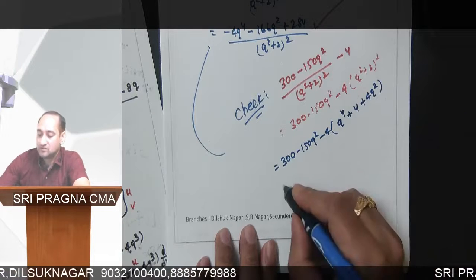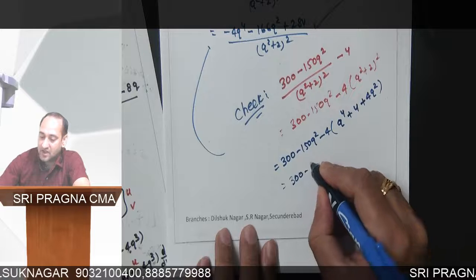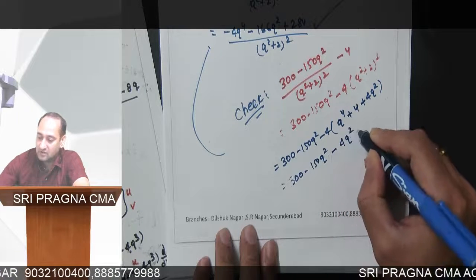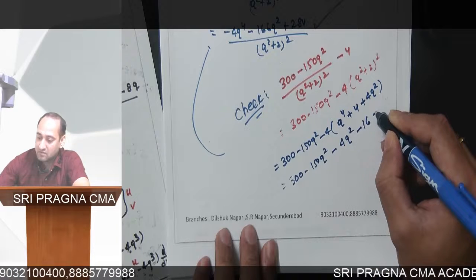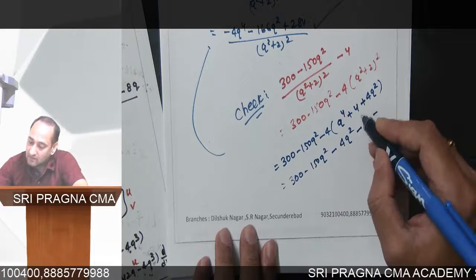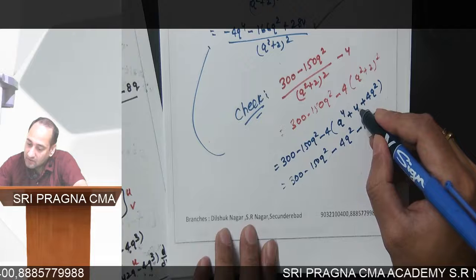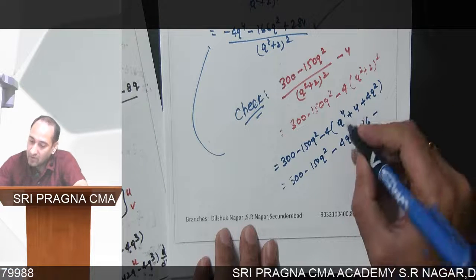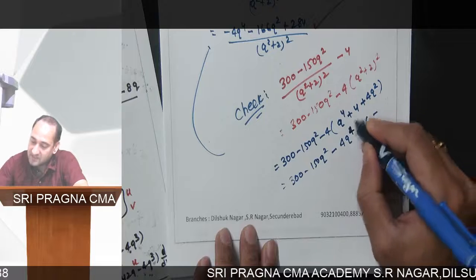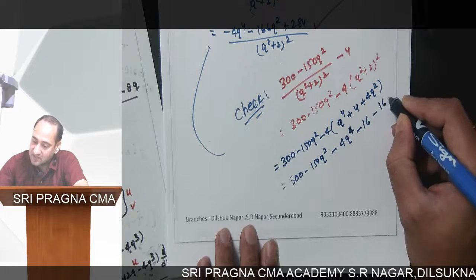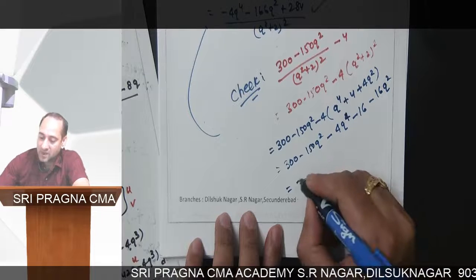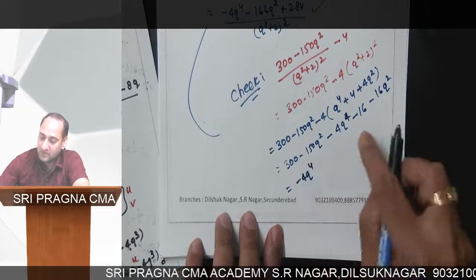That's all. 300 minus 150 square minus 4 minus 16 minus 16 q square. ठीक है, सॉल्व करो. तो minus 4 you are going to get this one.